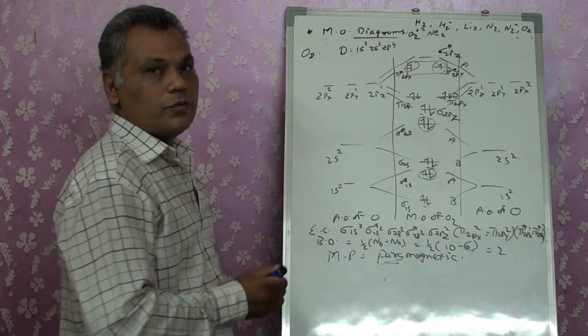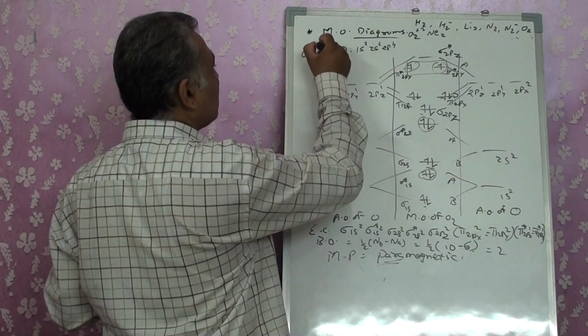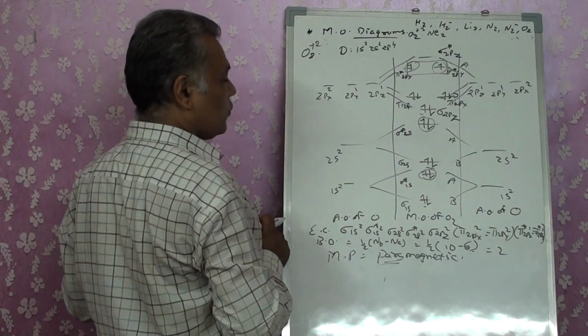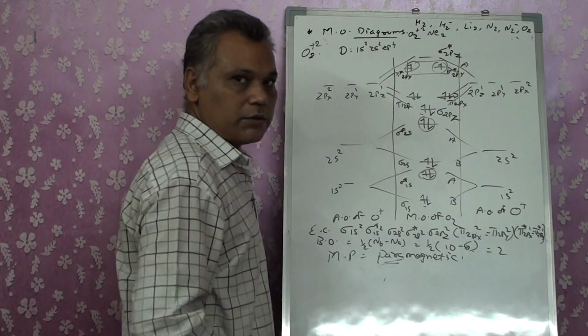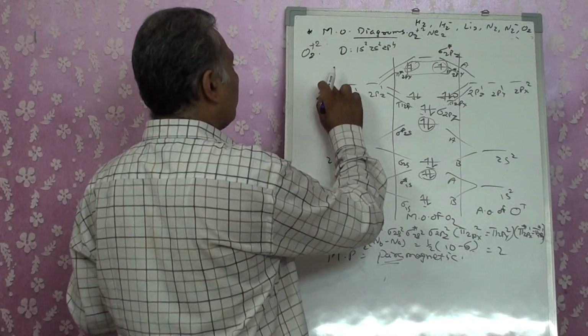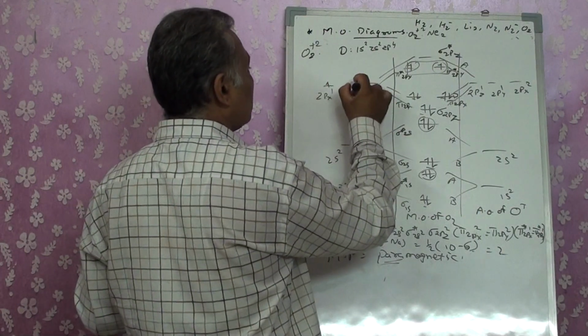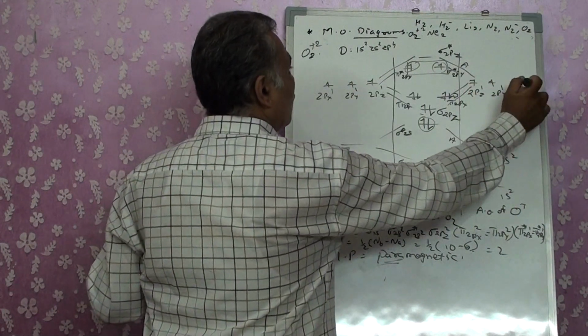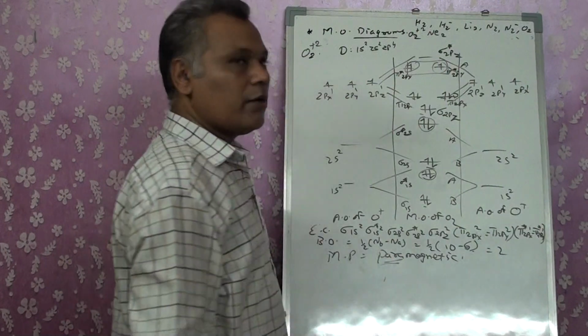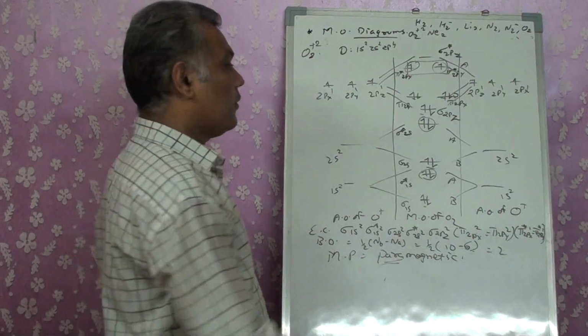O2 plus 2. O2 plus 2 means you are having 2 electrons removed. So this one will become plus, this one will become plus, right? Plus means you will reduce 1 electron over here. So what happened? We got all 3 unpaired electrons. So what will happen?